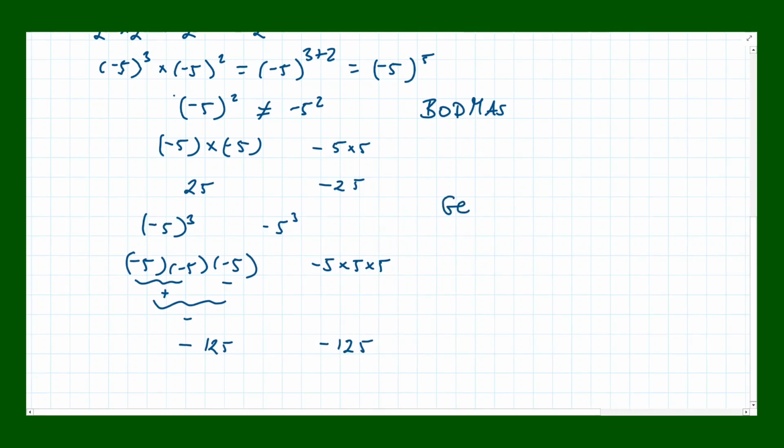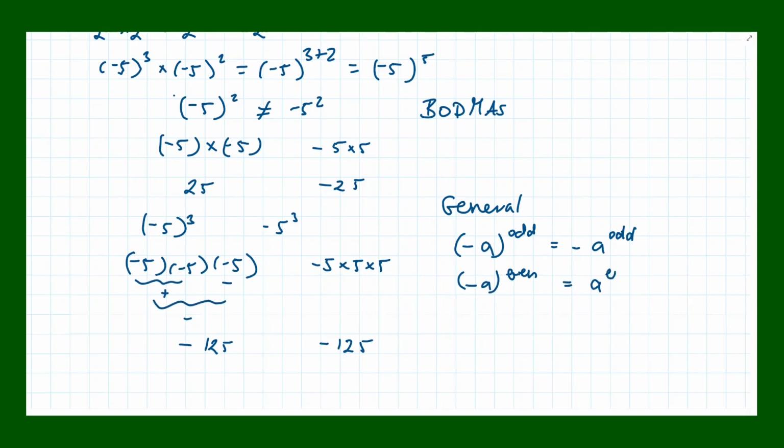So in general, a negative number to an odd power is going to be the negative to that same odd power. But a negative number to an even power is going to be that number to the even power.